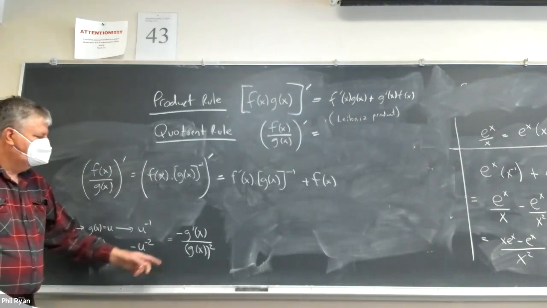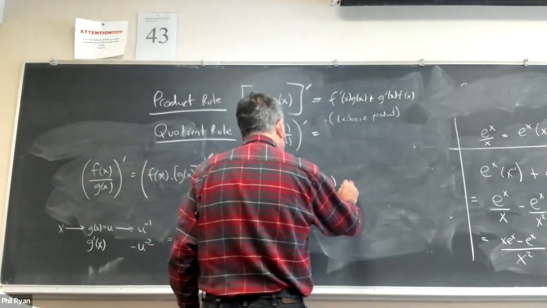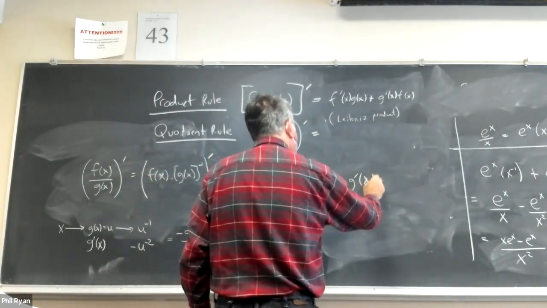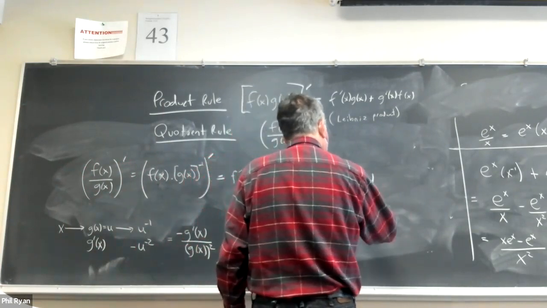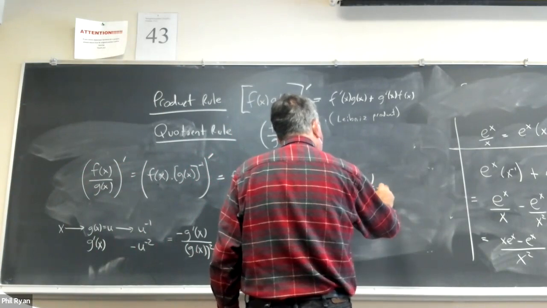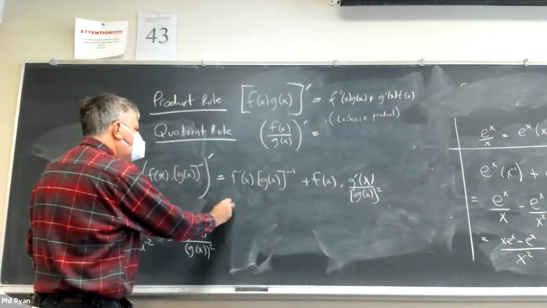Okay. Let's do that, times g prime of x times g of x squared. We do the same thing that we did over there.